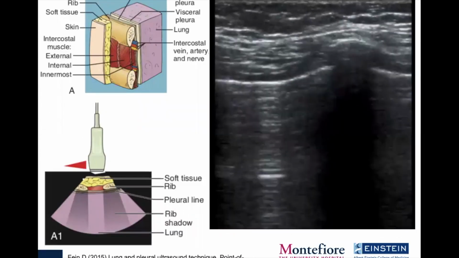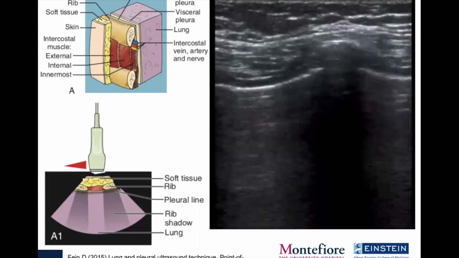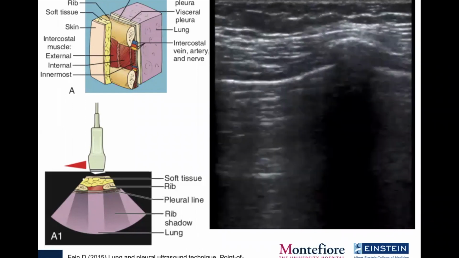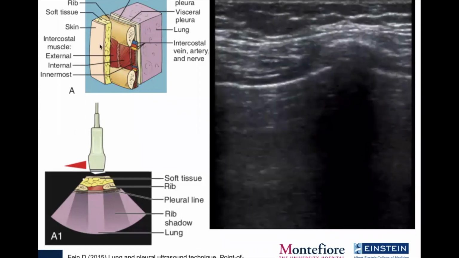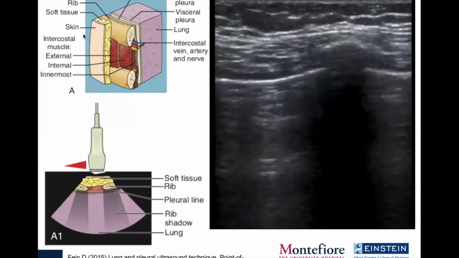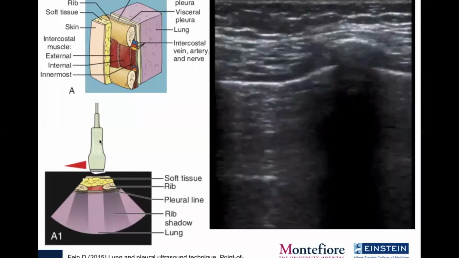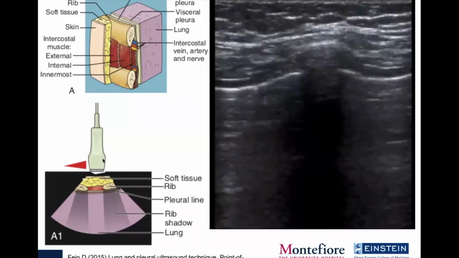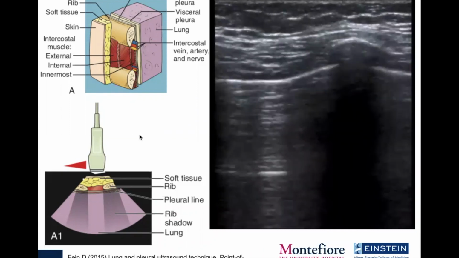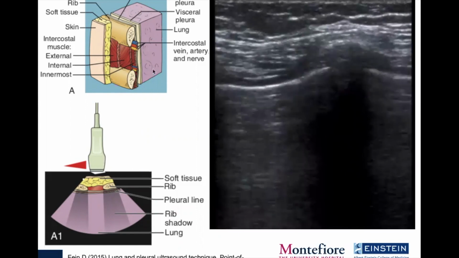So to start, a thorough understanding of the thoracic anatomy is necessary to properly apply lung ultrasound. Here on the top left of the screen, we see a cross-section of the anatomy of the chest wall. If we were to place a probe between two rib spaces, we can identify the visceral pleura of the lung interfacing with the parietal pleura.